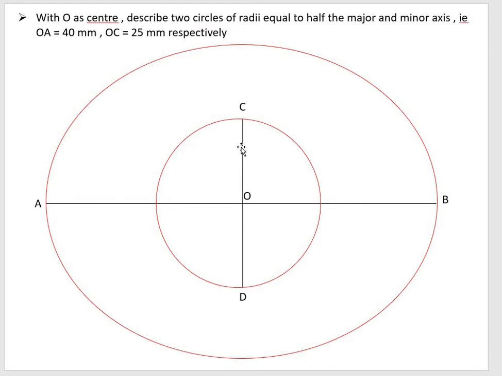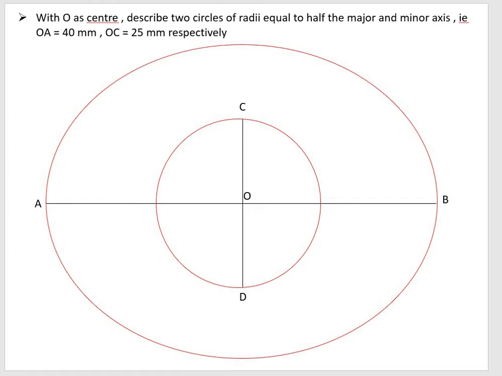So with OC as radius equal to 25 mm, draw one inner circle with radius 25 mm and center at O. In this manner, we have drawn two circles with the same center, and that is why we can say it is a concentric circle method.